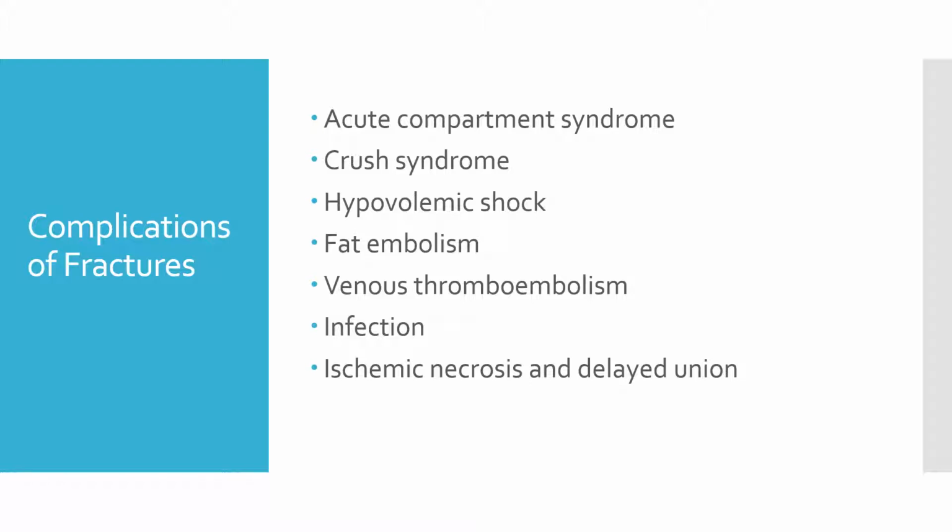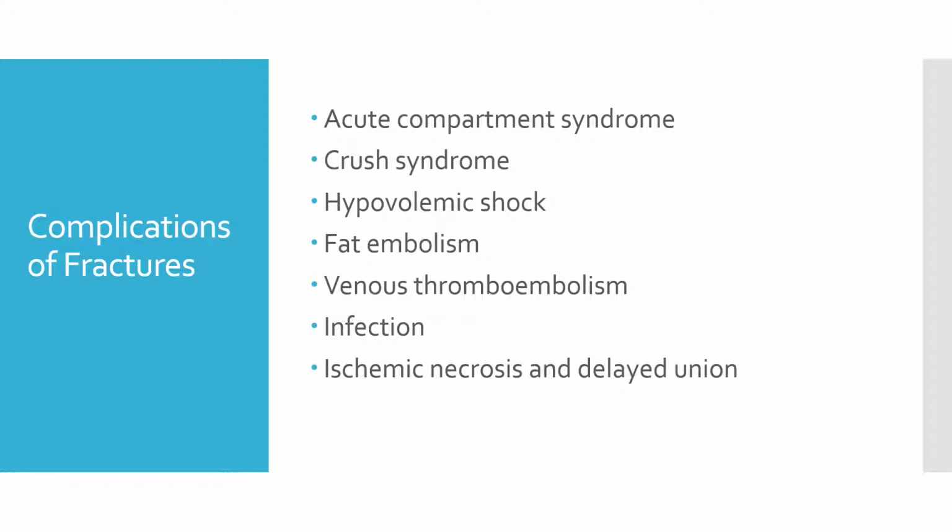Fat embolisms are often misdiagnosed as a pulmonary embolism or blood clot, like an actual venous thrombosis. But the difference is this is an emboli from fat. So the fat globules are released from the yellow bone marrow into the bloodstream, and this happens due to the fracture.